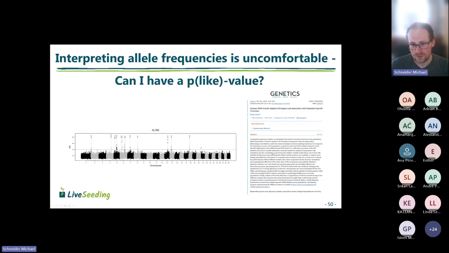There's one very nice tool published by Mathieu Gauthier that can extract a p-like value. It's not actually a p-value, but it behaves similarly, so that you can say the higher this XTX score becomes, the more securely you can say this one here is associated to an adaptation process.